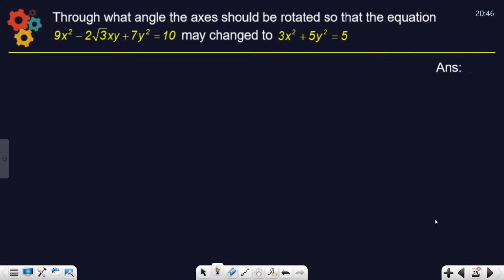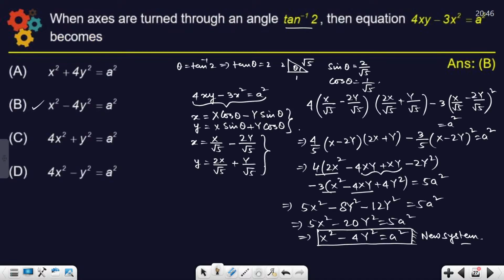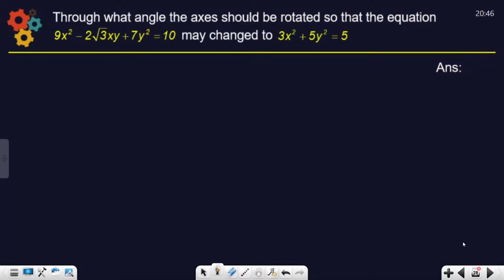Now, see this question. Through what angle the axis should be rotated? Now, this will be your homework. This I'm not going to do for you. Through what angle the axis should be rotated? Now they're asking for theta.